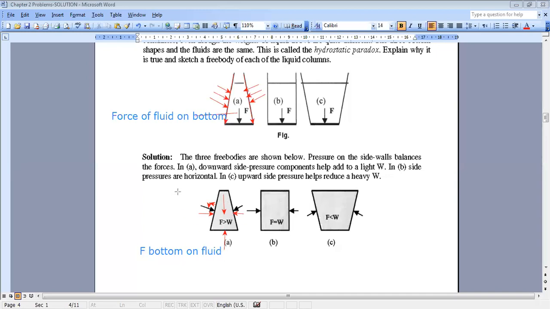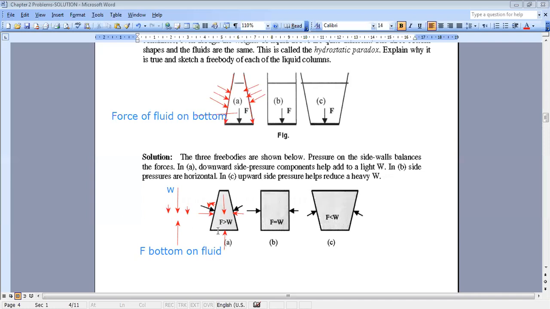For the vertical direction, I have the weight, and I have two downward forces resulting from the inclined surface. And these forces all should be opposed by the force of the bottom on the fluid. So it is very clear from the free body diagram that F should be larger than W in order to have equilibrium.